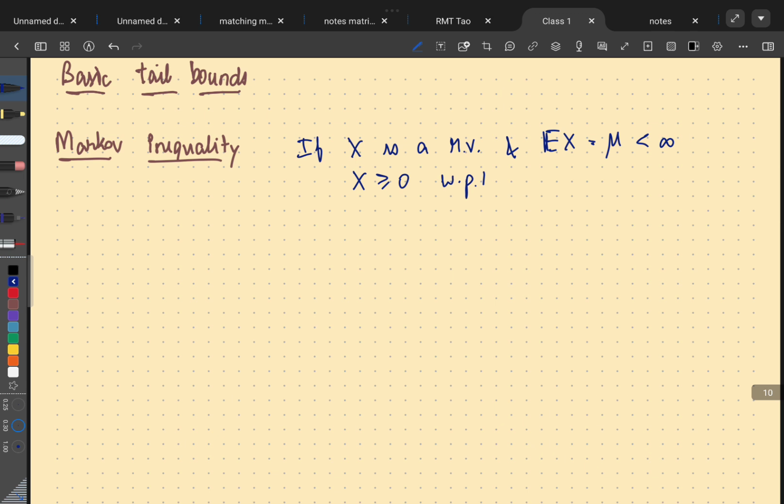Right? So if this is the case, then what can you say? Let's fix an arbitrary delta greater than 0.